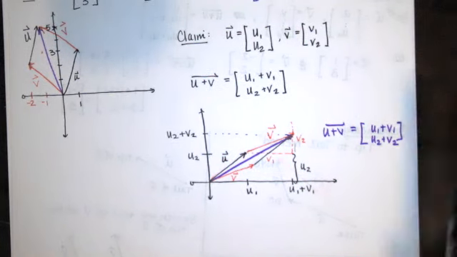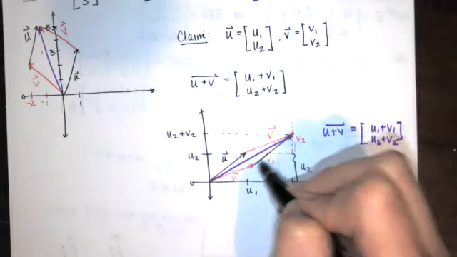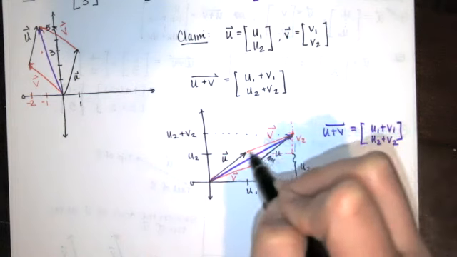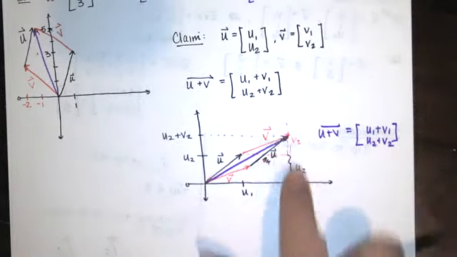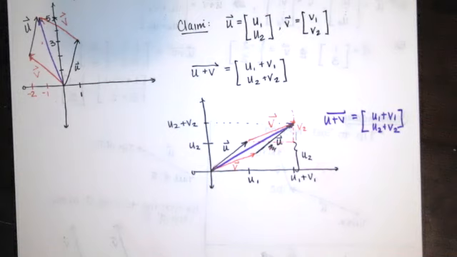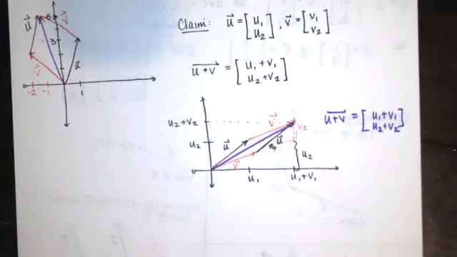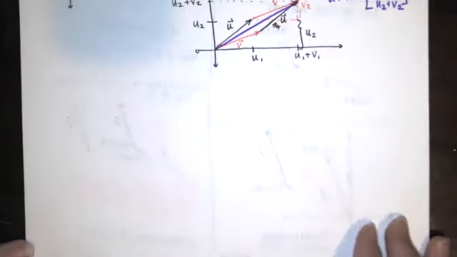And that v1 is that distance there. This is actually the vector u now. Okay, so this picture is not as clear because of all the little dashes, but I hope that you get the idea. All right, so that is adding vectors.